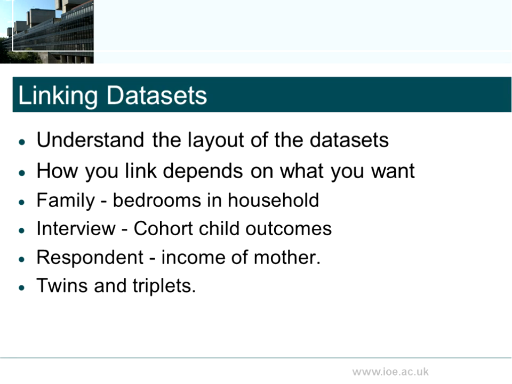And merging data would depend on what you are trying to do and on your research questions. So for instance, if you are interested in doing analysis at the family level, something like the number of bedrooms in the household, this is not specific to the child or to the parent, it's specific to the household as a whole.